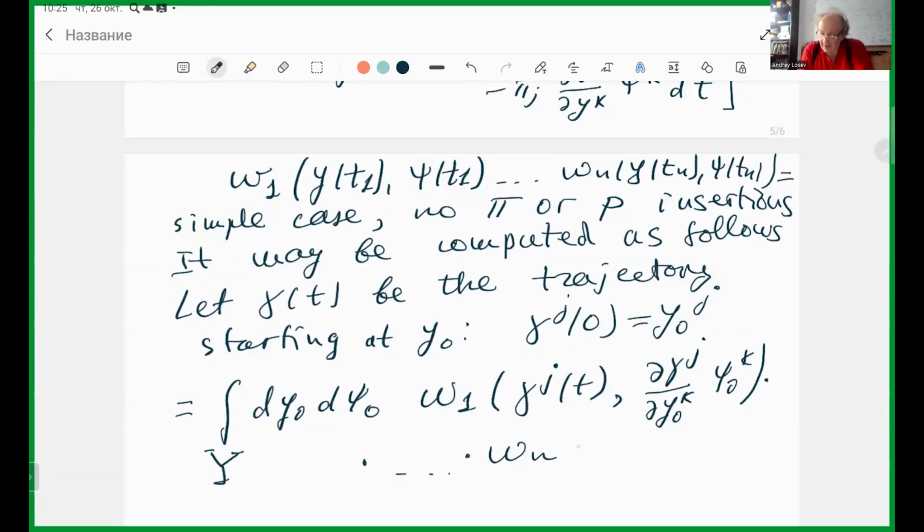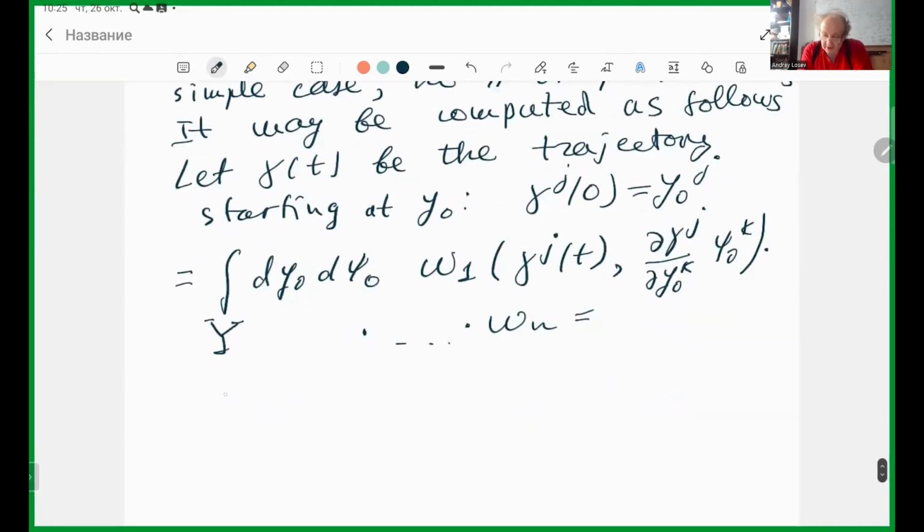This thing has a known mathematical meaning.